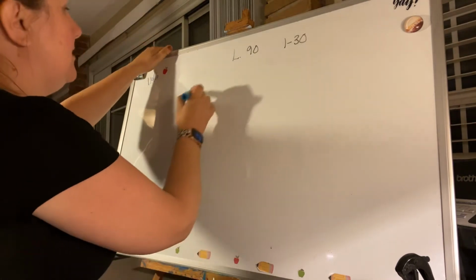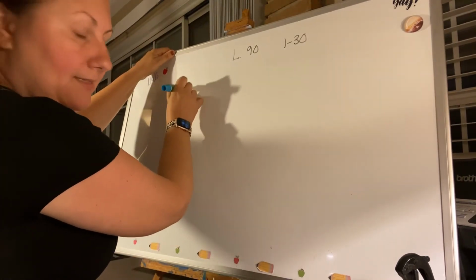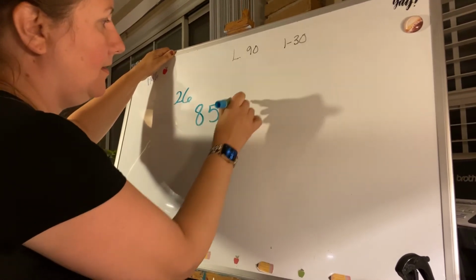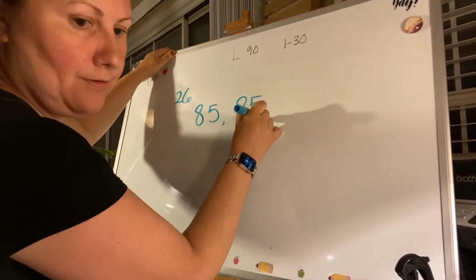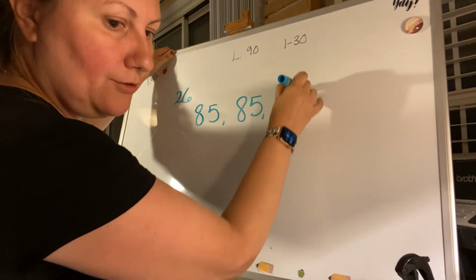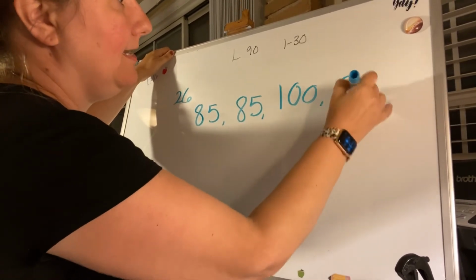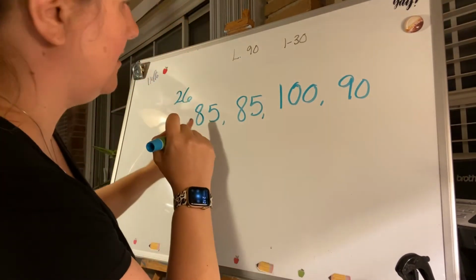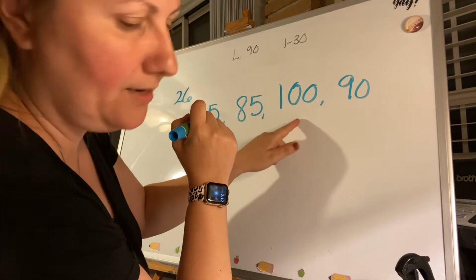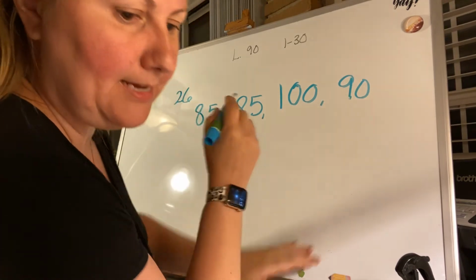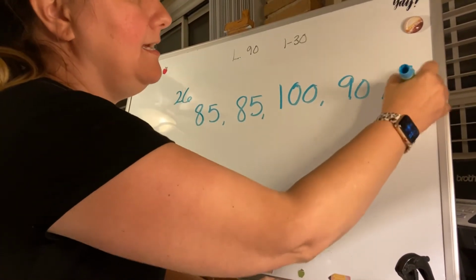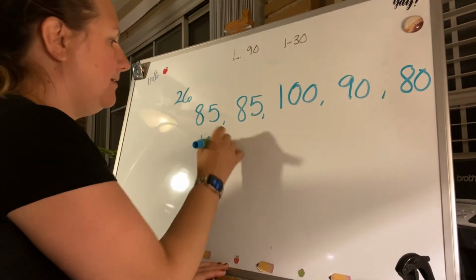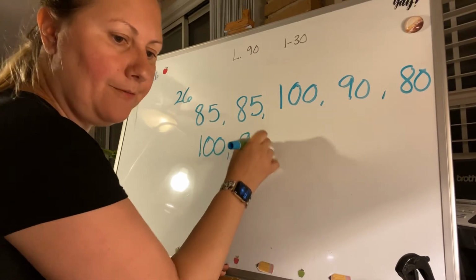This is number 26, and the numbers are 85, 100, 90, 80, 100, and another 85.